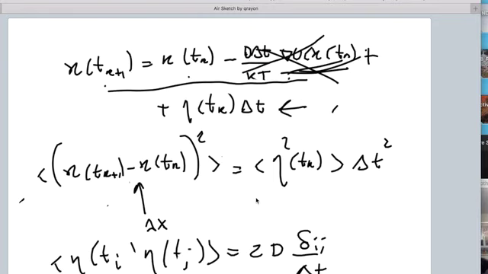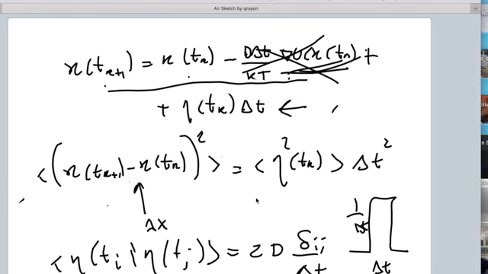Because this is a smeared representation of a delta function, a function of width delta t and height 1 over delta t, because the volume has to be 1. That's the delta correlation expression, the fluctuation-dissipation, which basically means that this square here is of order 1 over delta t.